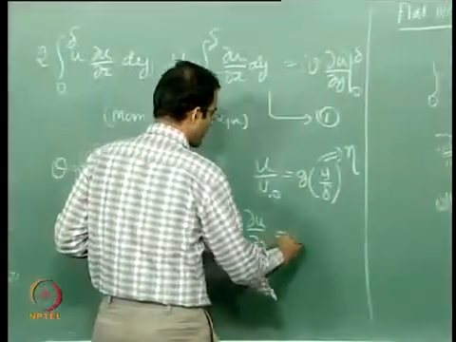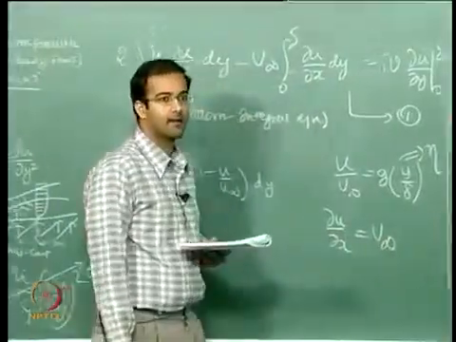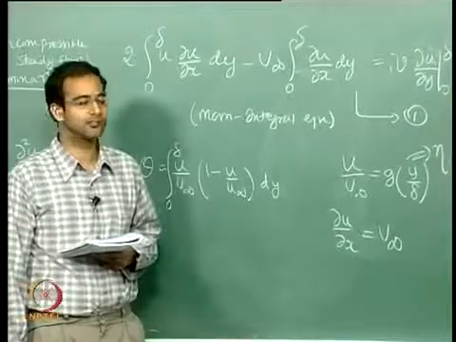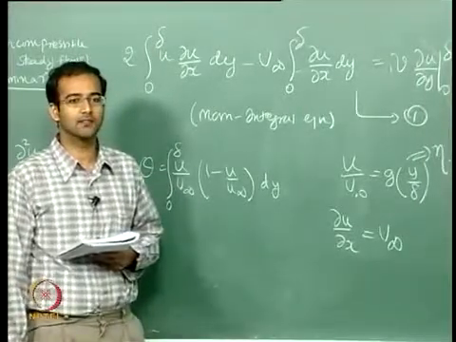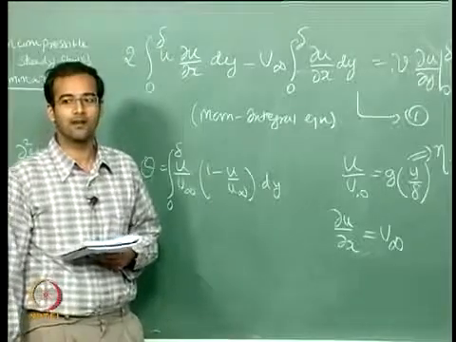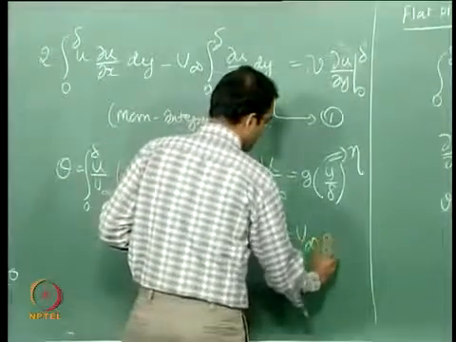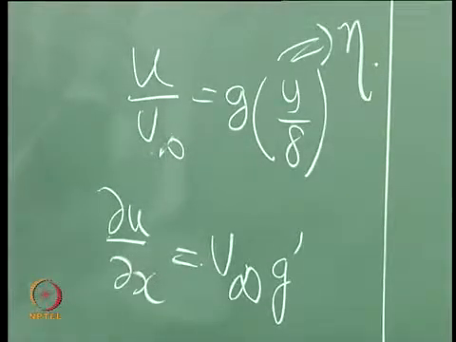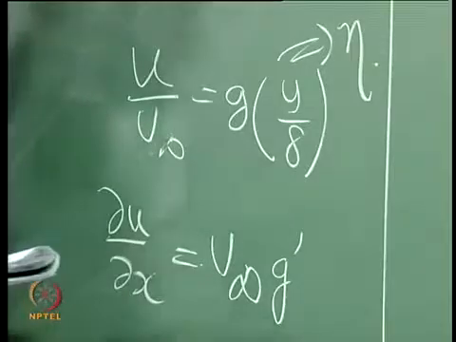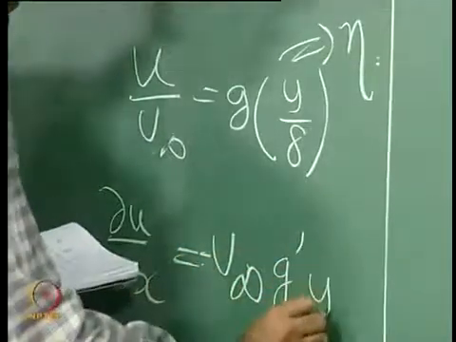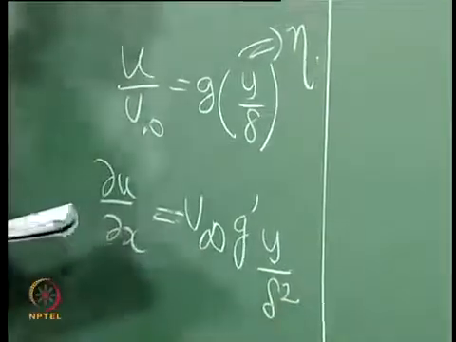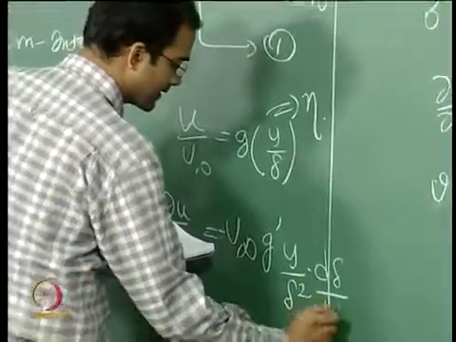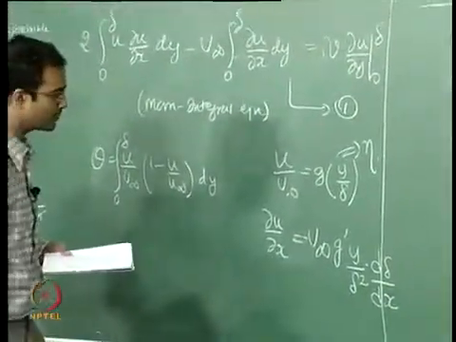That is basically u infinity times g prime, and then minus y by delta square into d delta by dx. You should go back and revise all your differentiation rules. So how did you get it?